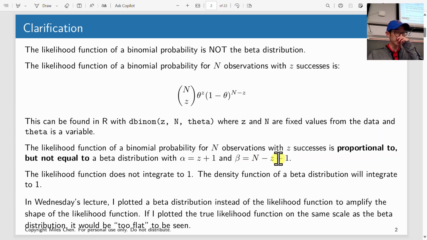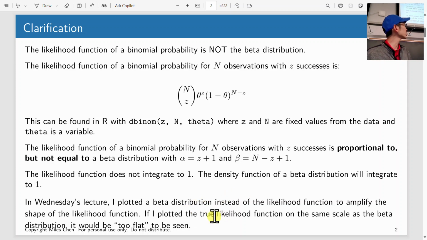The key difference is that the likelihood function will not integrate to 1, whereas the beta distribution will. The beta distribution has that constant out in the front, so that when you integrate it, it integrates to 1, and the likelihood function does not integrate to 1.